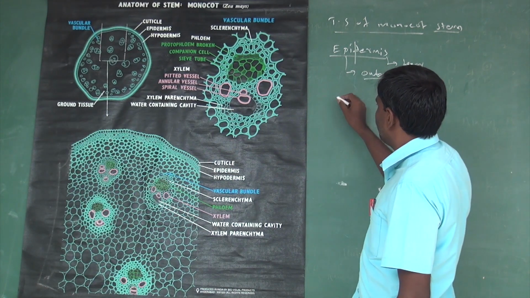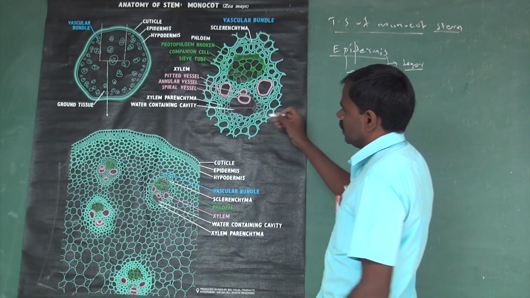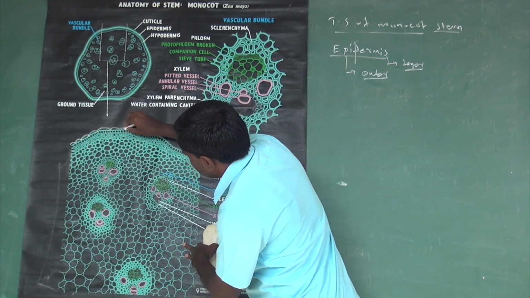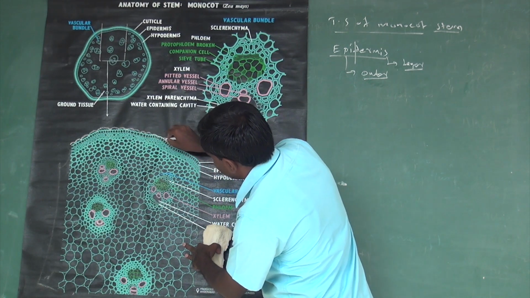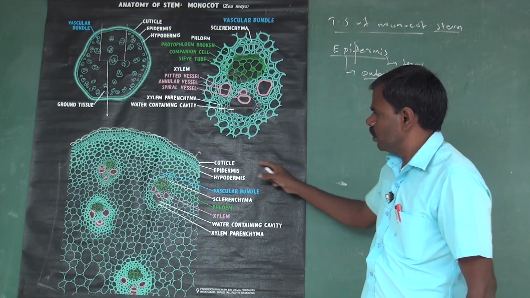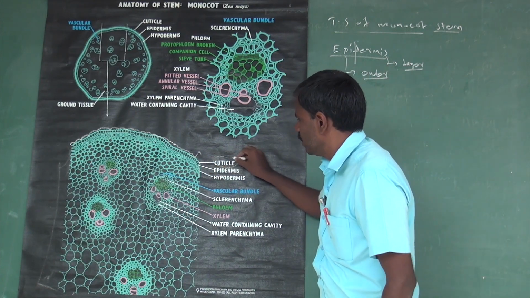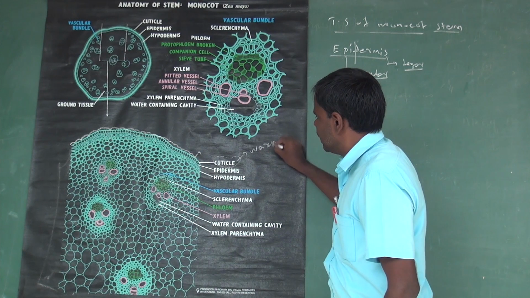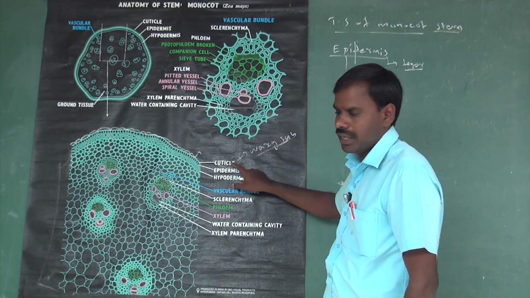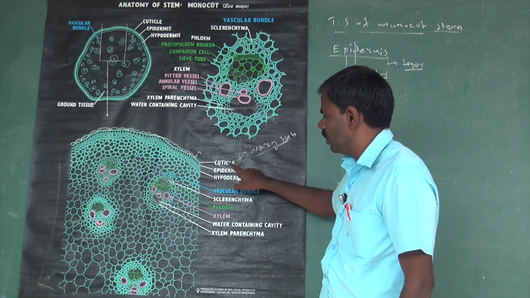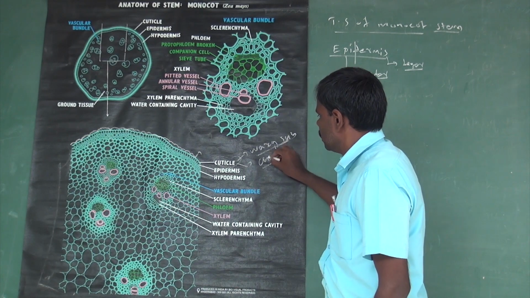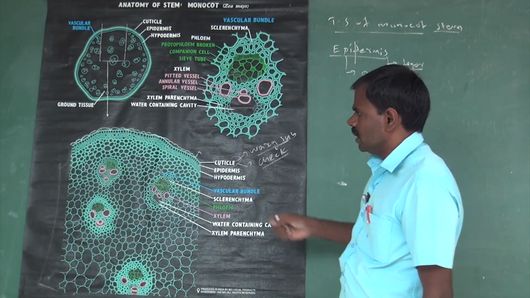This epidermis is covered by a thick cuticular layer, made up of cutin, a waxy substance. What is the important role of this cuticle? It checks the transpiration process.